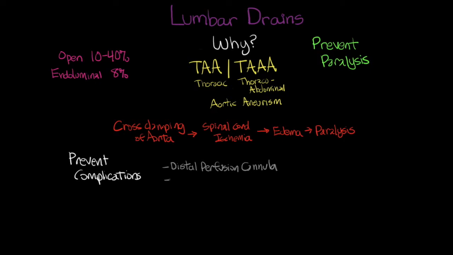Another thing that they will do is a general systemic hypothermia, and this is not a complex hypothermia. They just generally will keep the body cooler. By having the body cooler, there's less oxygen consumption and oxygen demand, which again can reduce the risks of ischemia. And a lot of times we'll see this move on to what we call deep hypothermic circ arrest.